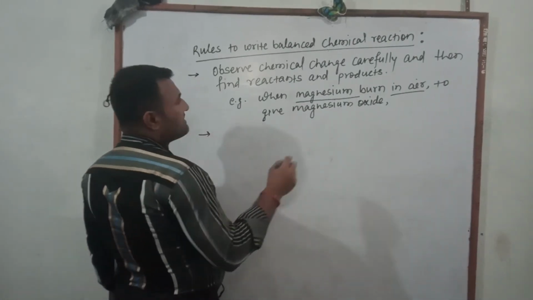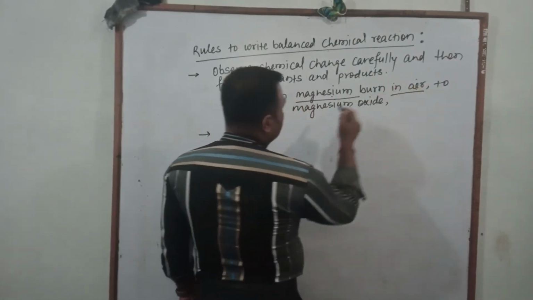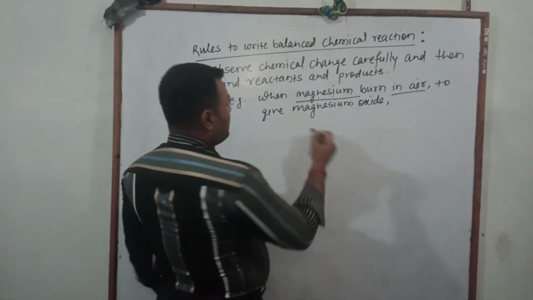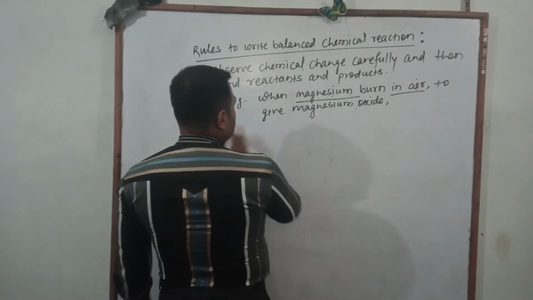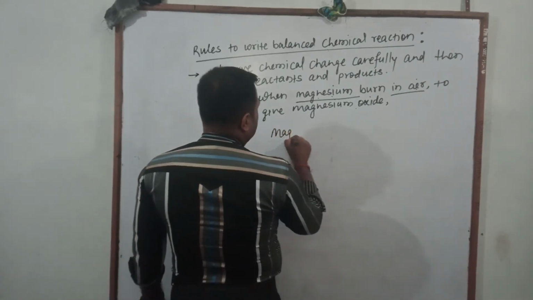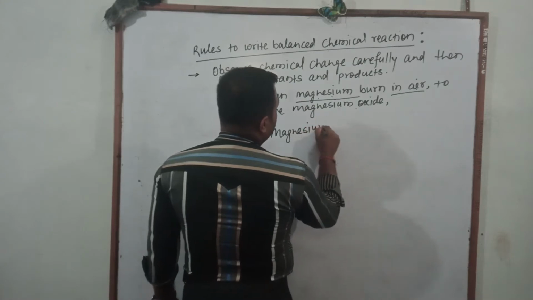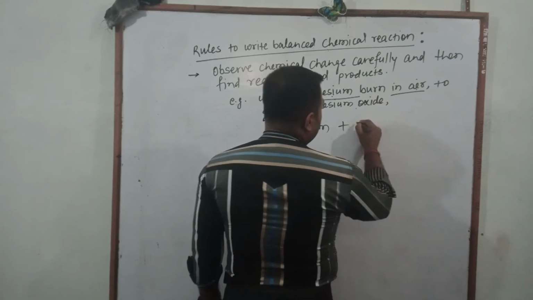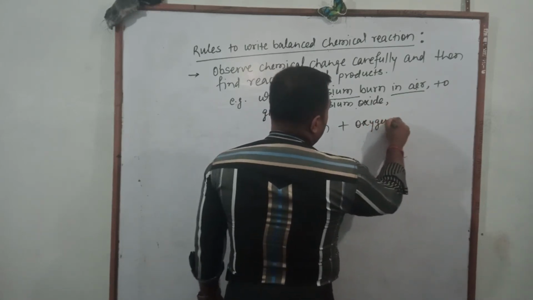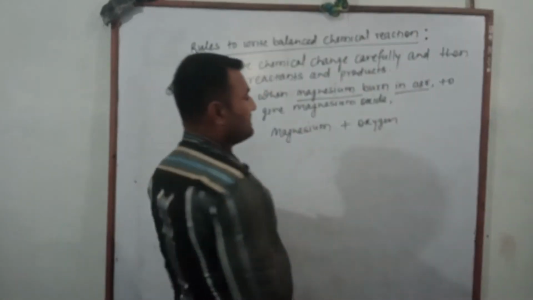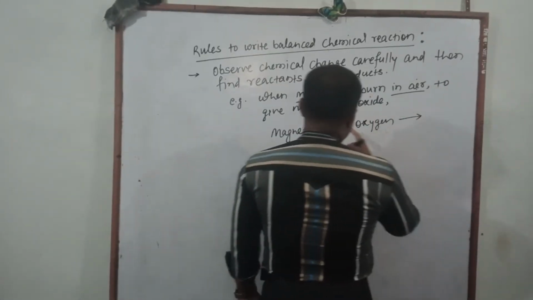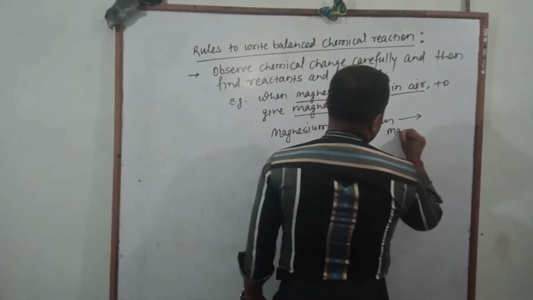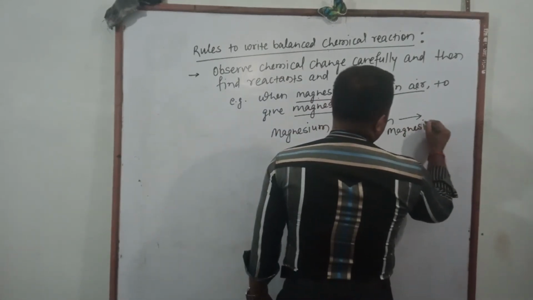Here magnesium is one of the reactants, and burning in air means that air contains oxygen and it combines with oxygen. Which product is obtained? Finally it gives an oxide, magnesium oxide.